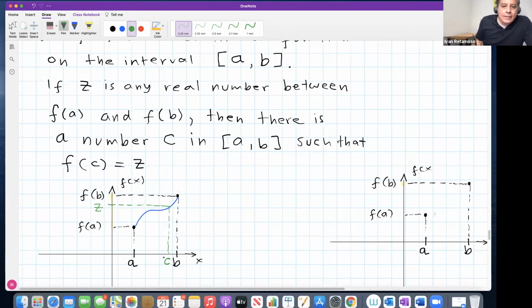Now, the theorem tells you that you will find at least one input value, but perhaps given the shape of the function, you may be able to find not just one value, but two. For example, suppose you have this situation here. Let's say there is a z here.